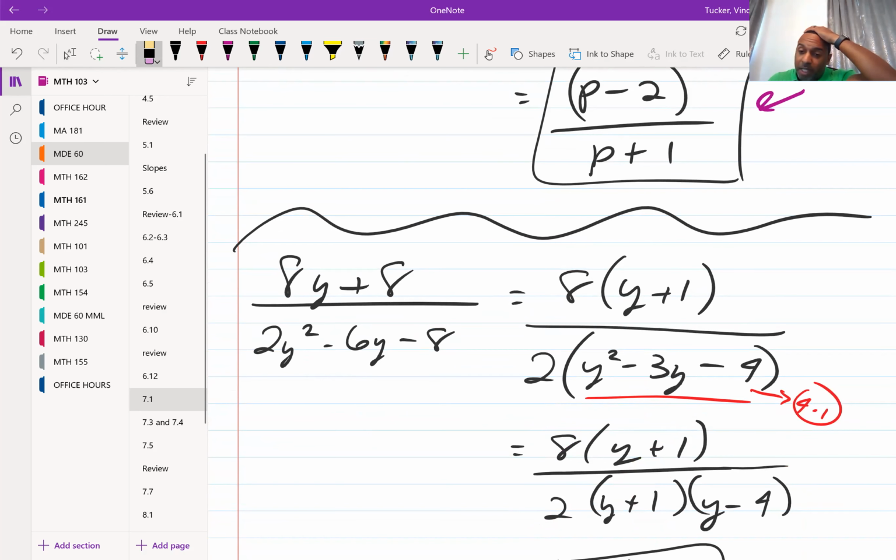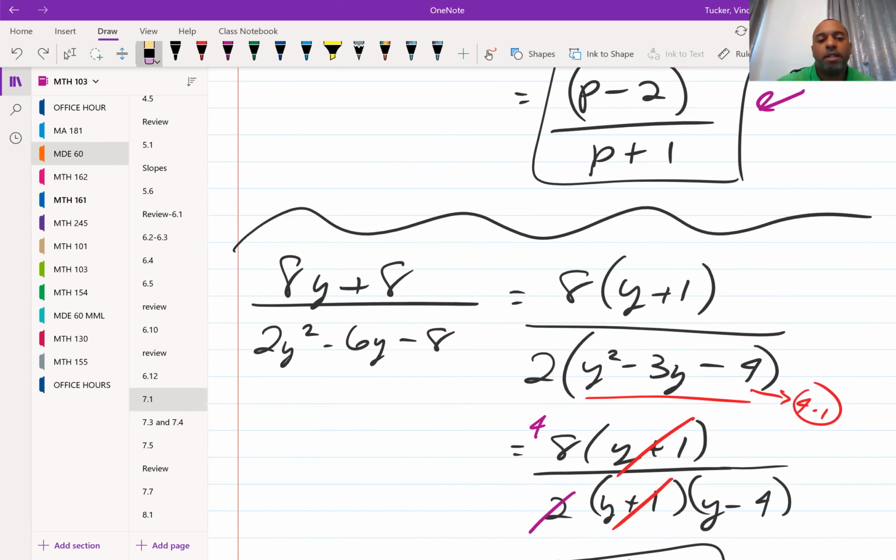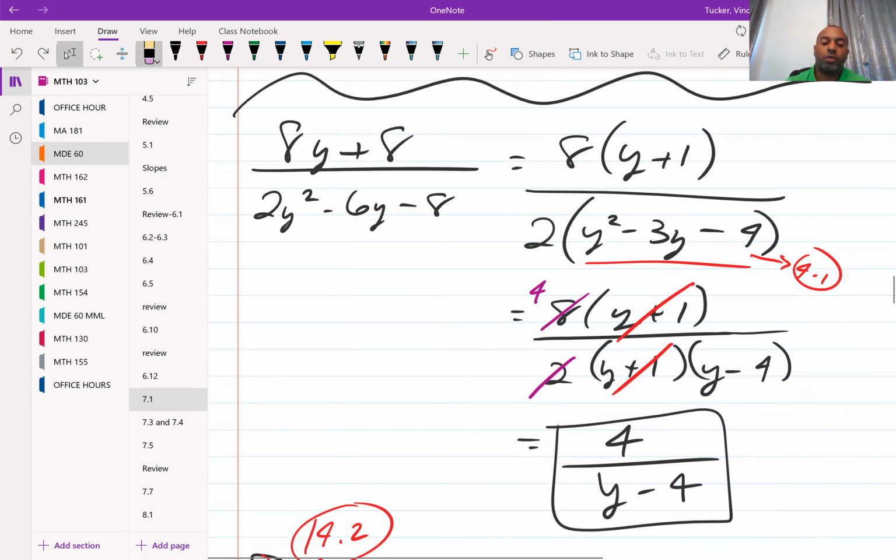Now that y squared minus 3y minus 4 can be factored into y plus 1, y minus 4. Then you cancel out what's in common. The y plus 1s will cancel. Then the 2 that's in the 8 will cancel with the 2 in the denominator, leaving you with just 4. So the result is 4 over y minus 4.